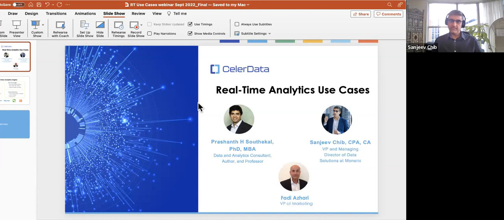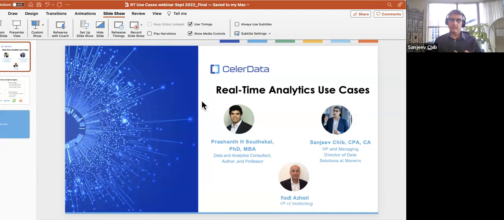There are obviously, as mentioned earlier, lots of use cases where real-time analytics are definitely required, even from a competitive advantage, or even just the nature of the use case requires it to be real-time. But we've also seen many cases where, even though the decision cycle times are reducing, it hasn't reached a point yet where they require it real time or near real time.